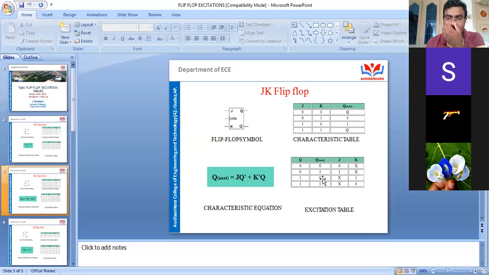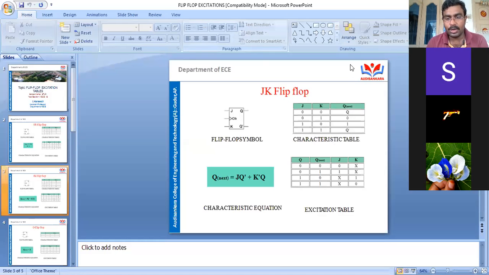And look here, guys, at how you write the excitation table. I have 0, 0 as my present state and next state combination. Look at the truth table: wherever I can get 0, 0 as the present state and next state. 0, 0 is one combination. Is there anything else we can get for JK flip-flop?